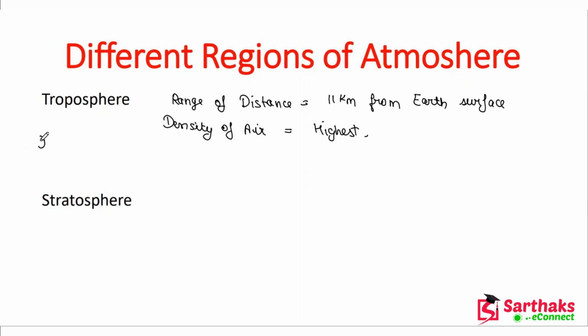The importance of the troposphere is that most of the atmospheric air is present here. We know that 95% of the atmospheric air is within the 20 kilometer region only.